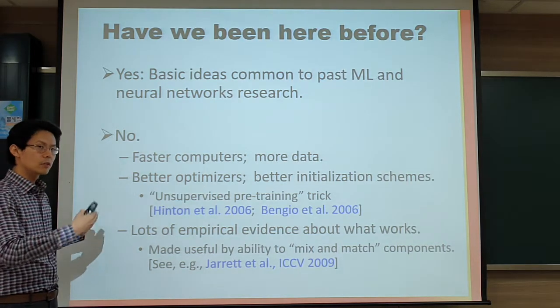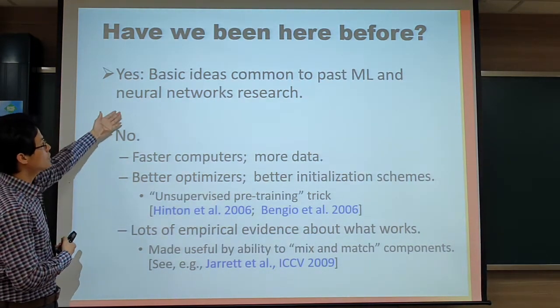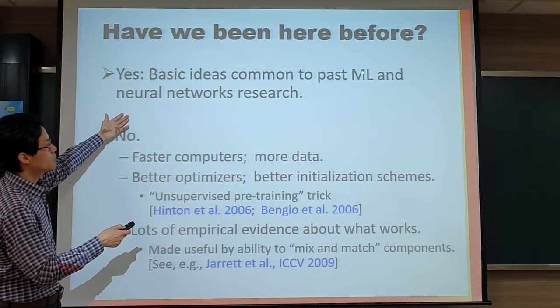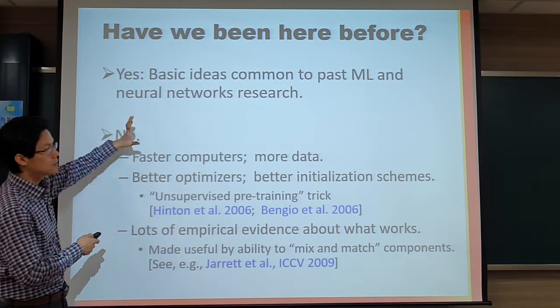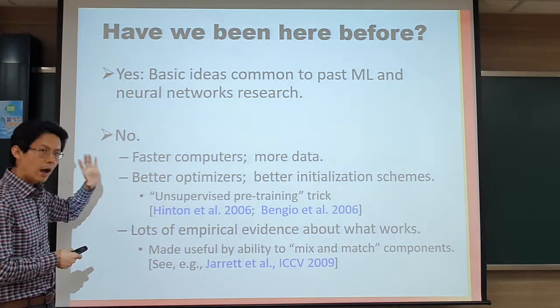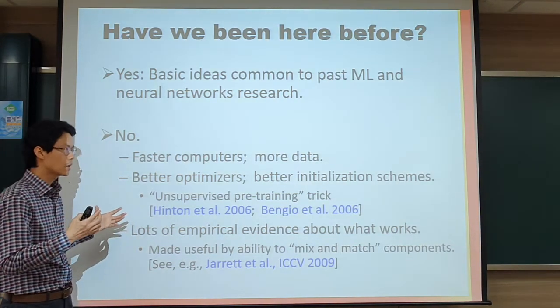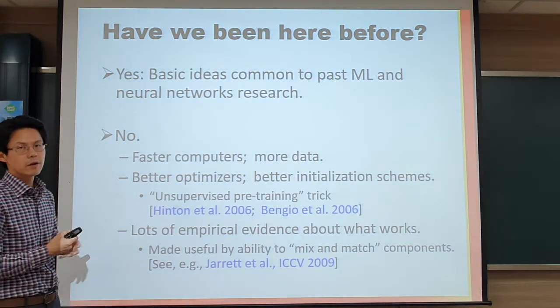Because of that, we are now able to use many deep layers. But those techniques are also very relevant to prior machine learning techniques, right? Also, the neural net technique is not really novel, so why can deep learning now work very well and achieve very good results?